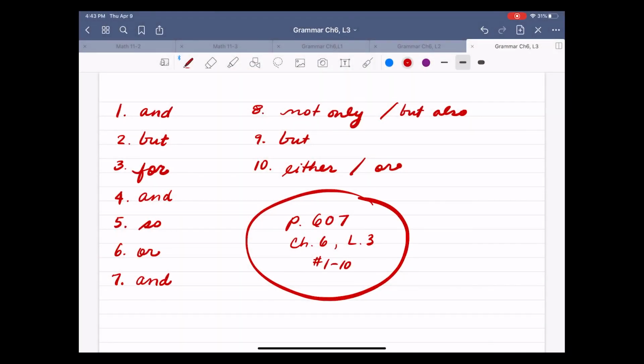And as I look there, I want to review the instructions. It tells you to write the conjunction along with the words or groups that it joins. I'm not worried about that. You can do it just like we did it right here and simply write the conjunctions. And remember, if it's correlative, you need to have 2.